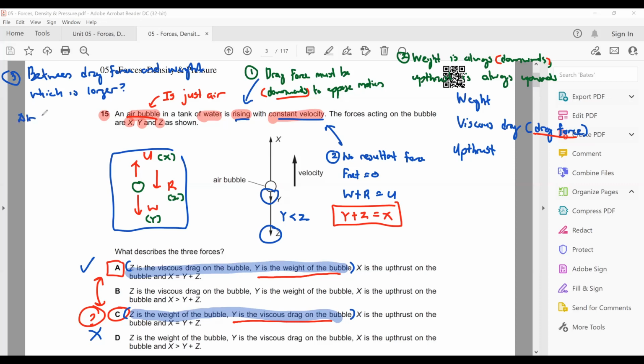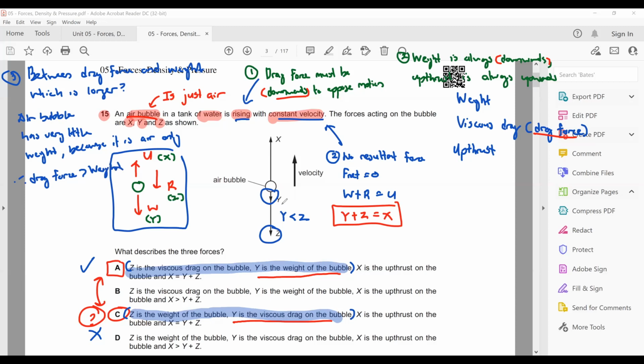An air bubble has very little weight because it is air only. Therefore, drag force will be more than the weight.